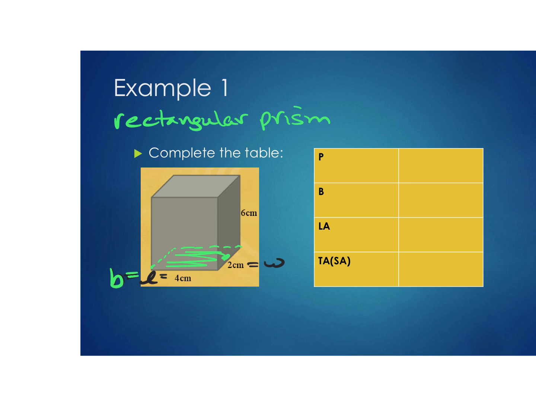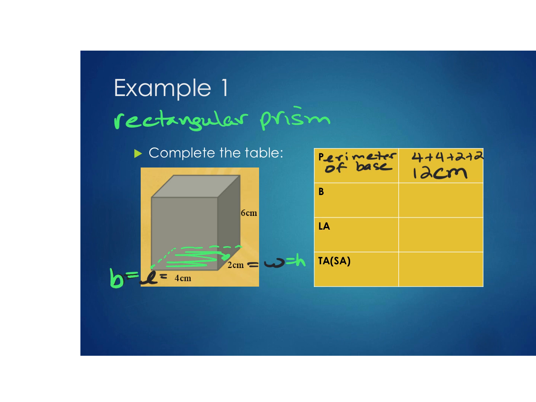So either way, in order to find the perimeter of that base shape, that's what the capital P stands for, perimeter of the base, I'm going to add 4 plus 4 plus 2 plus 2, and I get 12 centimeters for the perimeter of my base.